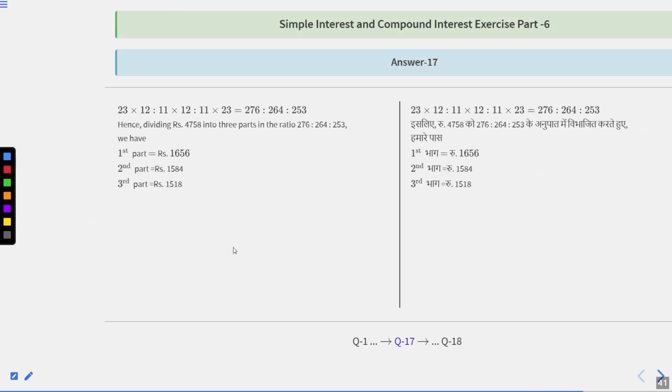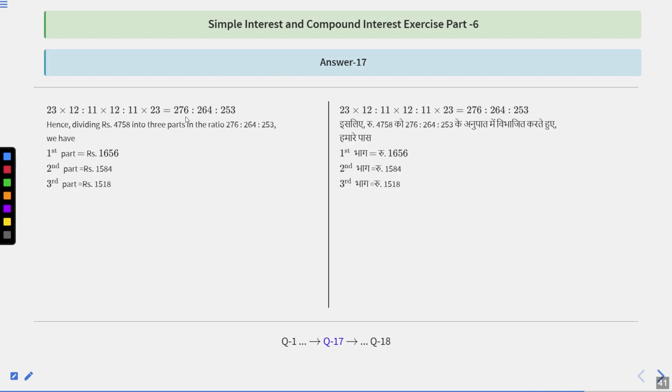So we get the ratio 276, 264, 253. Hence, dividing rupees 4758 into 3 parts in this ratio, we have first part is 1656, second part is 1584 and third part is 1518. So the first part, 1656, is the correct answer.